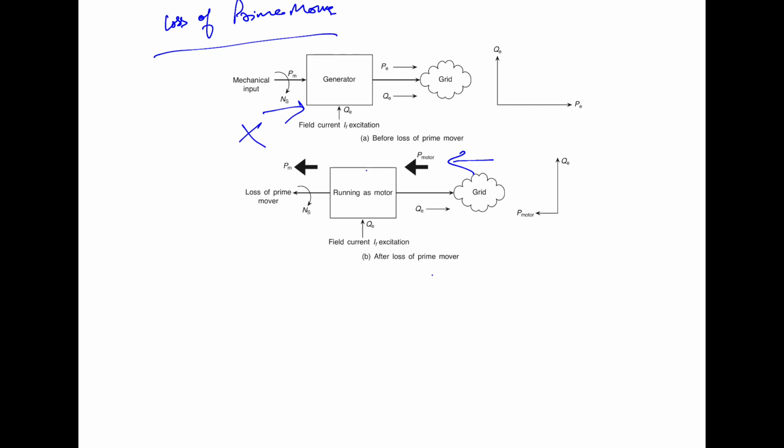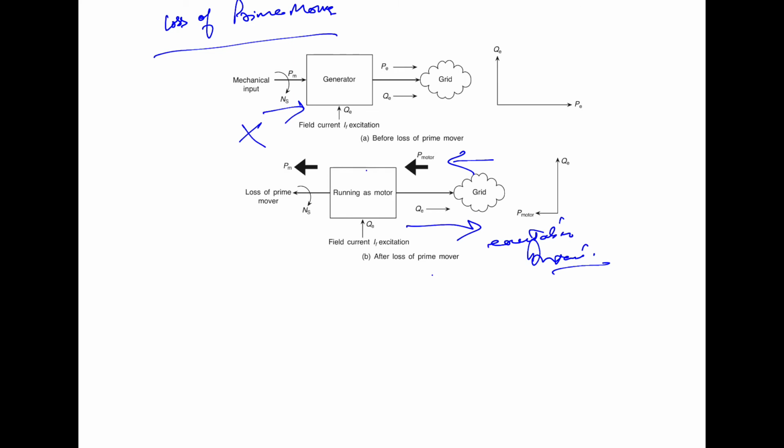The machine now draws a small amount of active power compared to its rating from the grid in order to drive the turbine and meet the losses taking place in the machine, and at the same time the machine supplies reactive power to the grid since its excitation is intact.